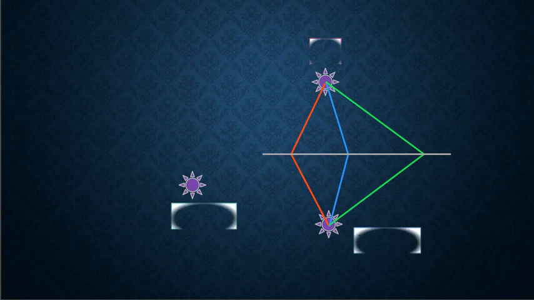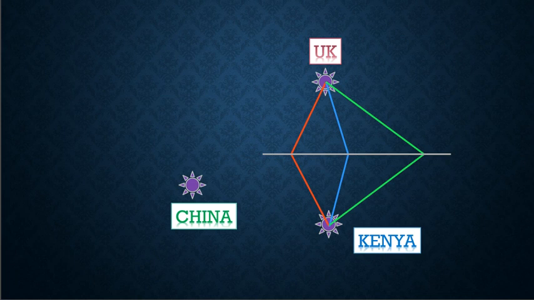The boundary between UK and Kenya is the green line. A, B, C are points on the boundary line. From the centroid of UK to point A, the distance is A1, while from the centroid of Kenya to point A, the distance is A2. The absolute values of A1 and A2 are the same.